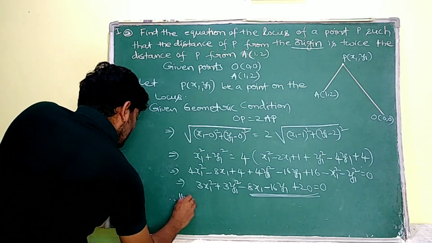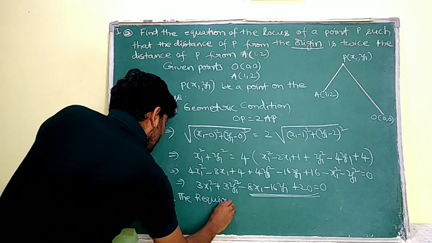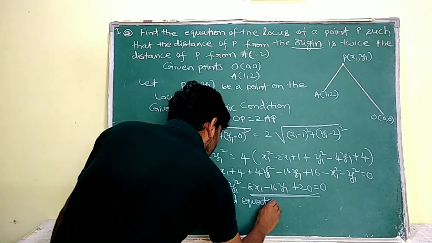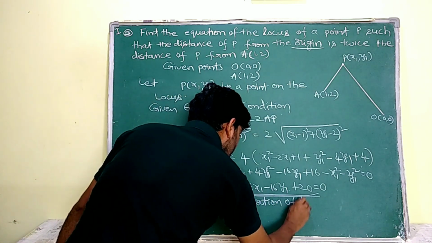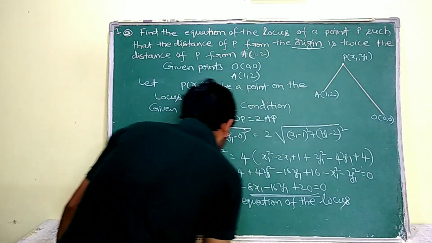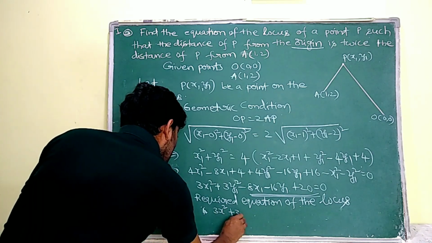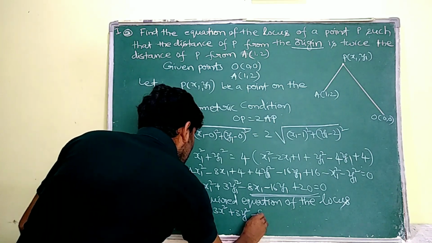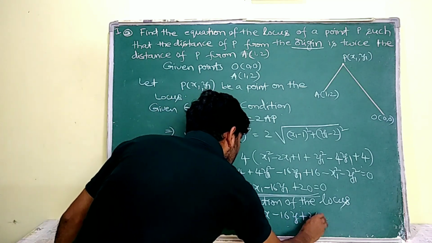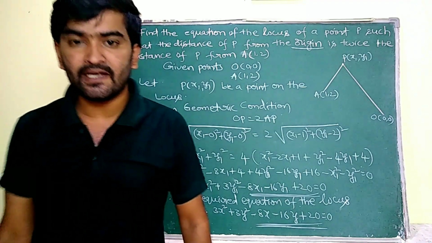Therefore, the required equation of the locus is 3x square plus 3y square minus 8x minus 16y plus 20 is equal to 0. This is the required equation of the locus.